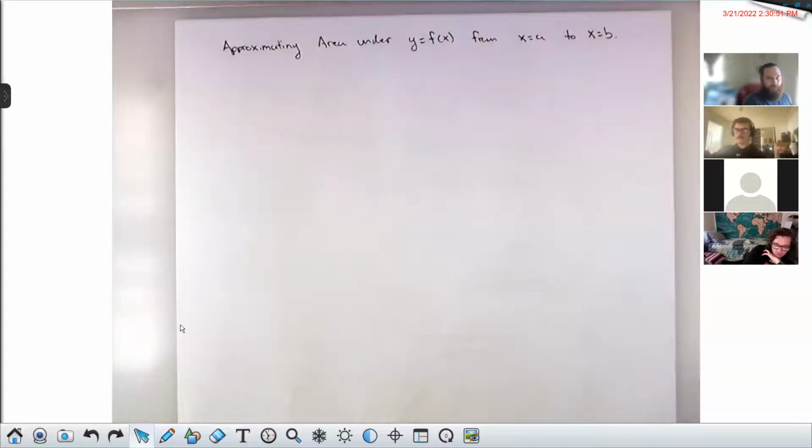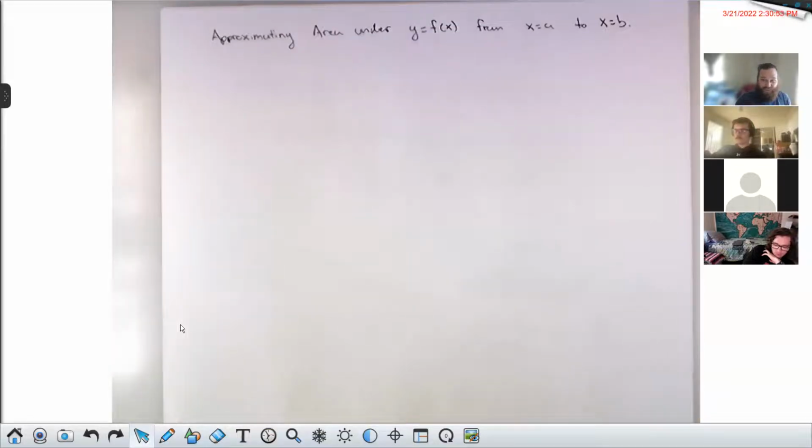We're going to start with an approximation, and eventually we'll learn how to get the exact area out, but it is a bit of a process. So I want to just show you gently where this comes from, do an example or two, then show you how to generalize, do an example, then take a limit.